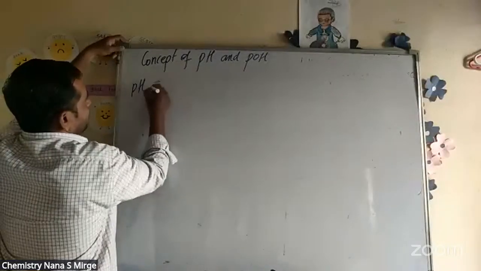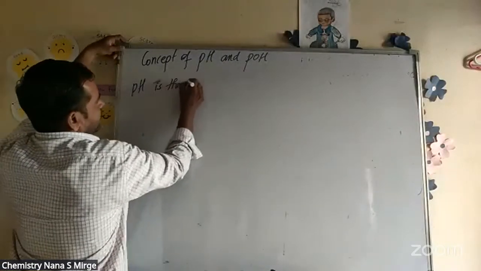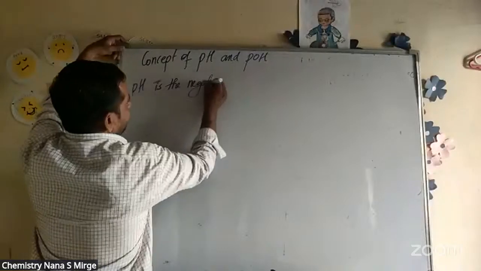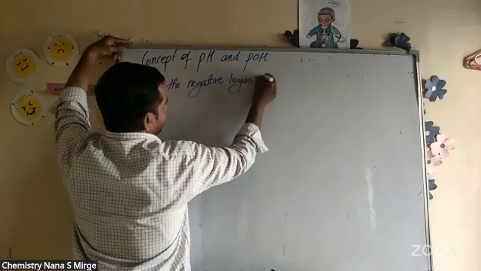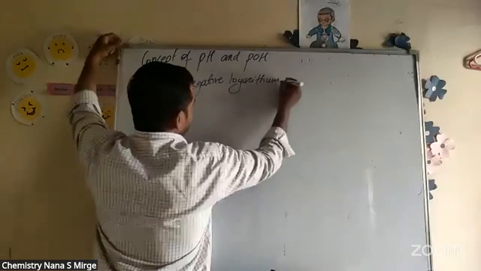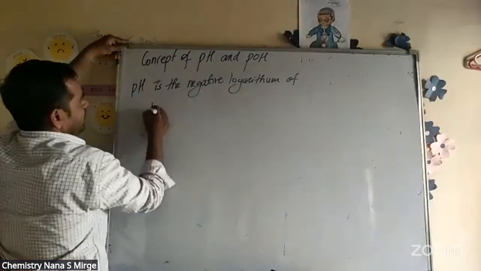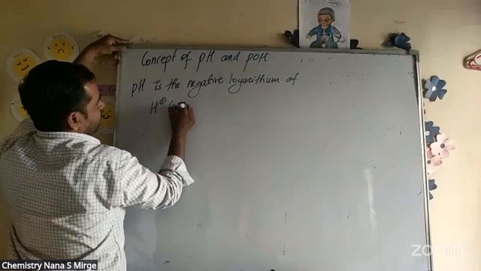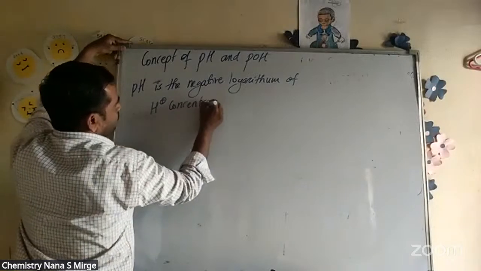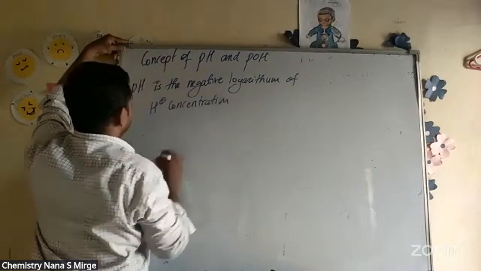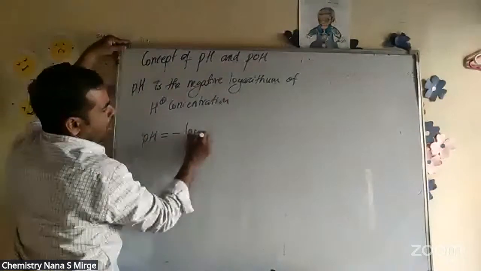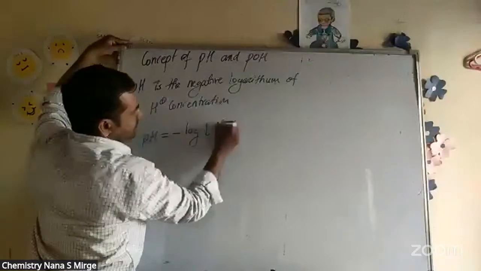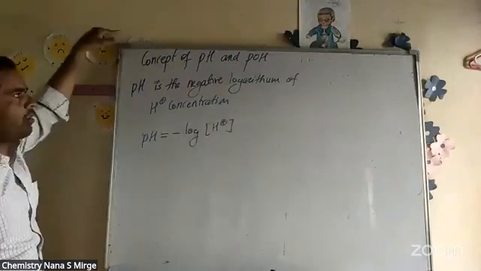It is the negative logarithm of H plus ion concentration. So pH is equal to negative log of H plus ion concentration. That is the definition of pH.